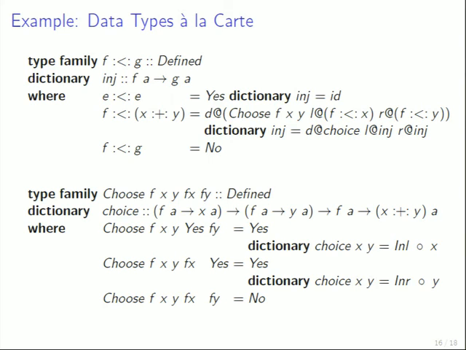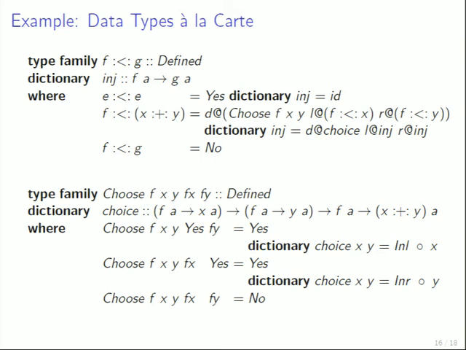And here we have three different dictionaries that we have to play around with. We want to say that this is true whenever this choose function is true, right? So we define this to be equal to choose, and then we give it the two arguments. We recursively check whether f is in x or f is in y, and then depending on whether this is true or not, this will be decided down here.